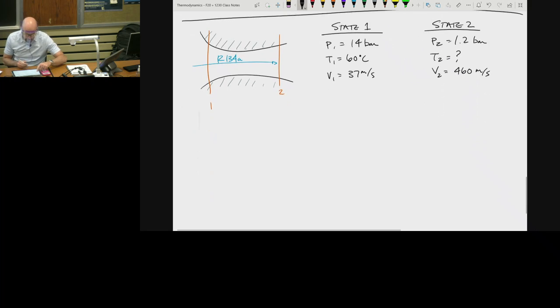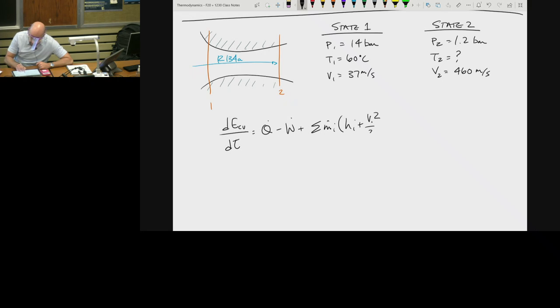So what we're going to do here is write our equation. The change in energy of the control volume with respect to time is equal to Q dot minus W dot plus the summation of mass flow rate in, enthalpy in, kinetic energy in, potential energy in, minus the summation of mass flow rate exiting, enthalpy exiting, kinetic energy exiting, and potential energy exiting, for this control volume.